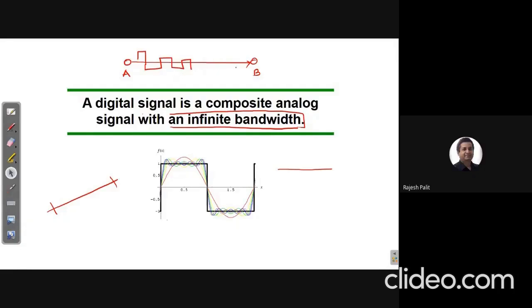The communication channel must support huge bandwidth.